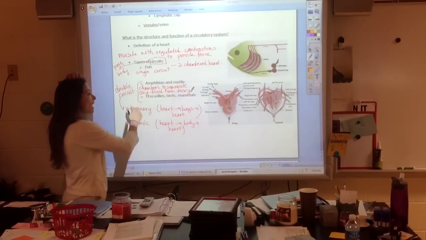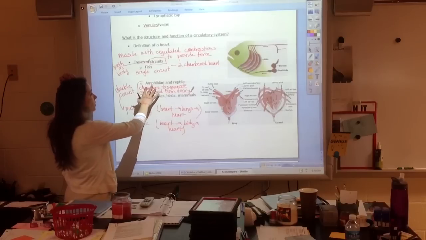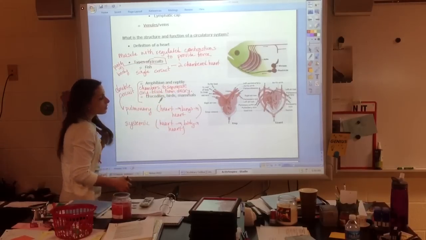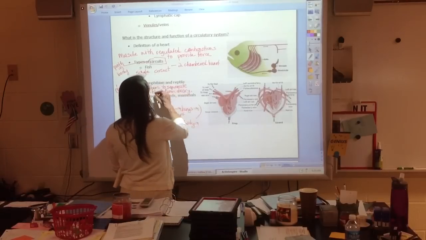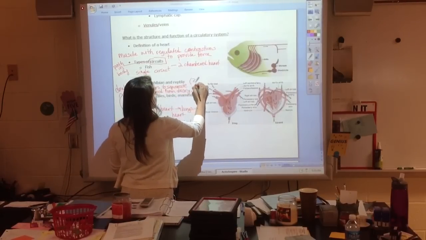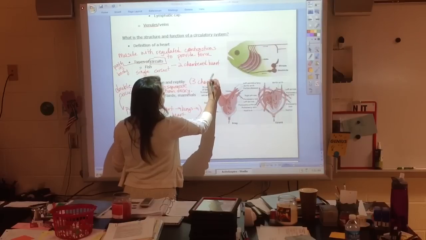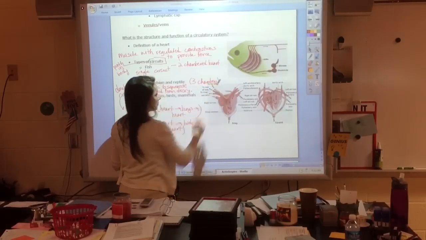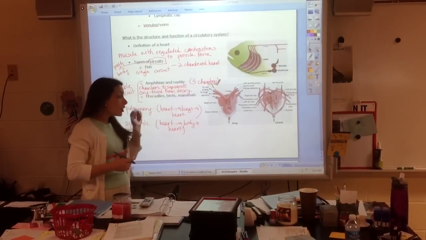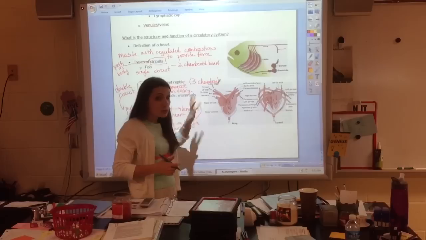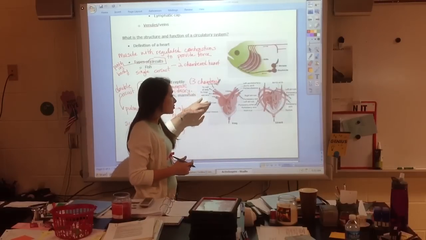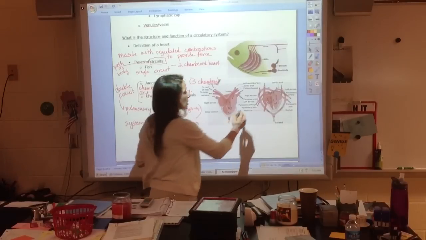If we look at amphibians and reptiles, they are going to have a three-chambered heart. The heart is divided into two types of chambers, atria and ventricles.